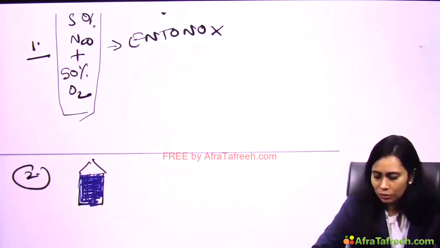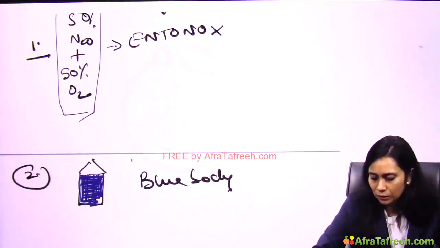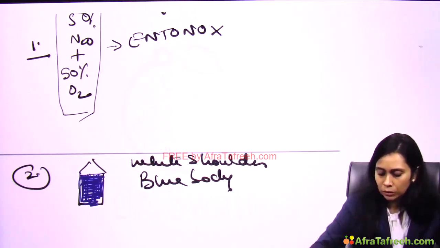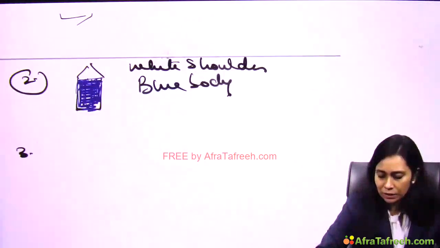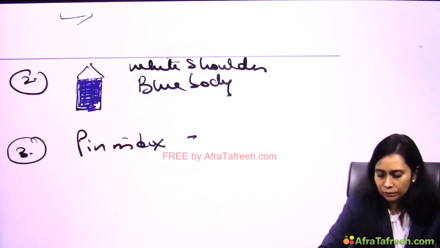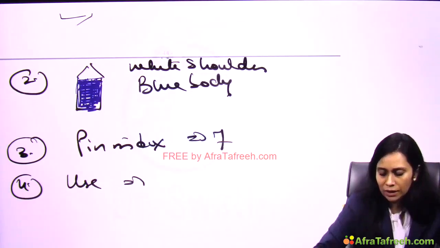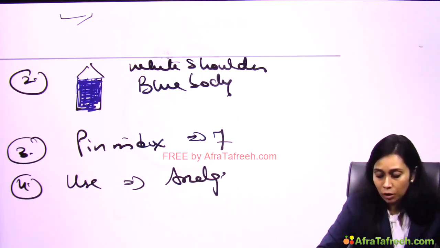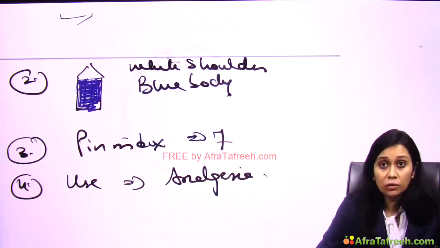So, blue body, white shoulder. Got it? Now, the pin index is 7. And what it is used for? Used for analgesia, not for anesthesia.